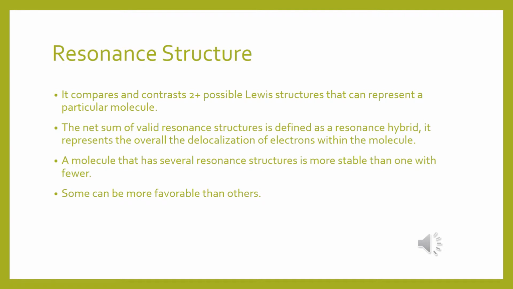Resonance structures compare and contrast 2 or more possible Lewis structures that can represent a particular molecule. The net sum of valid resonance structures is defined as a resonance hybrid. It represents the overall delocalization of electrons within the molecule. A molecule that has several resonance structures is more stable than one with fewer. Some can be more favorable than others.